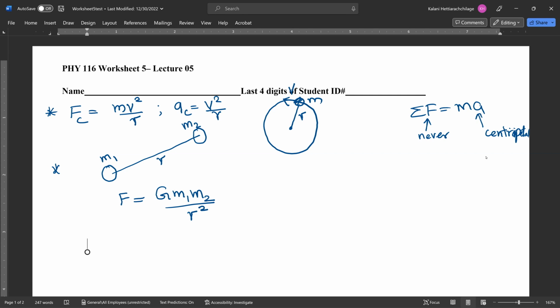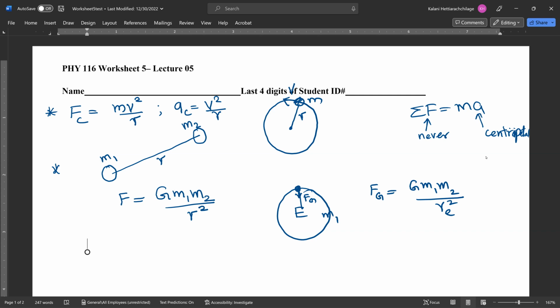But when you have an object exactly on the surface of the earth, this is my earth, if an object is sitting here, then this object has the force of gravity in the downward direction. That force in that case will be equal to G M1 M2, if this one is M1, divided by R squared. In this case, R will be the earth radius, right?